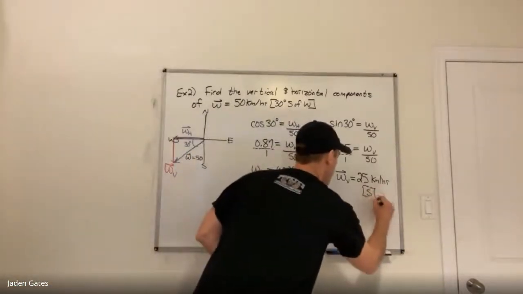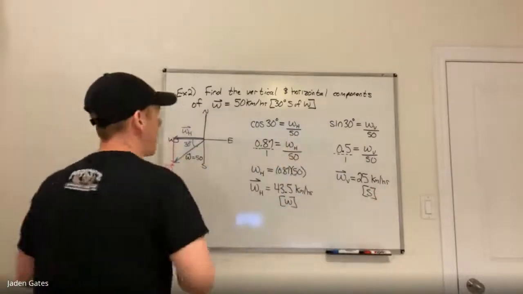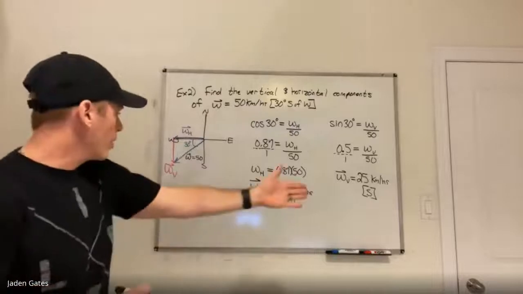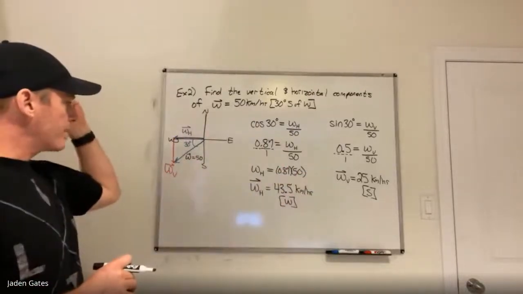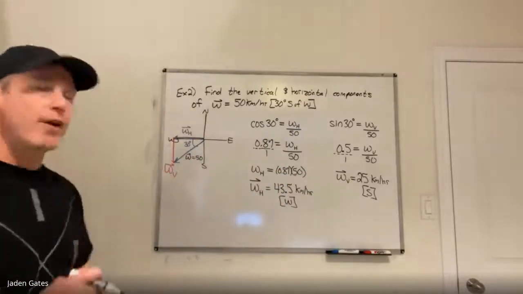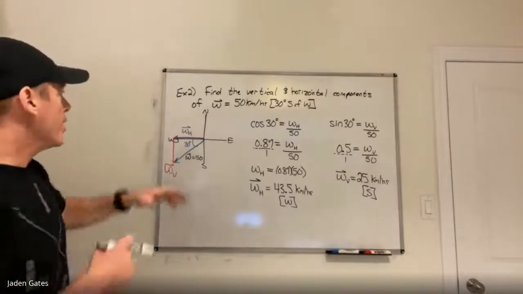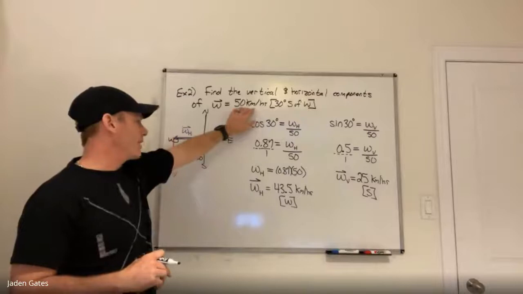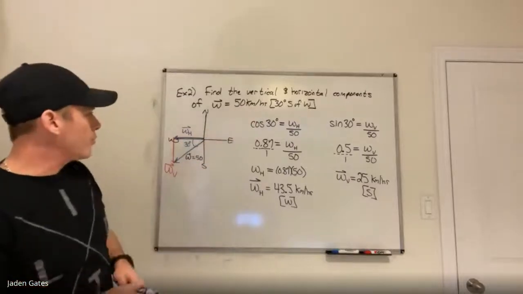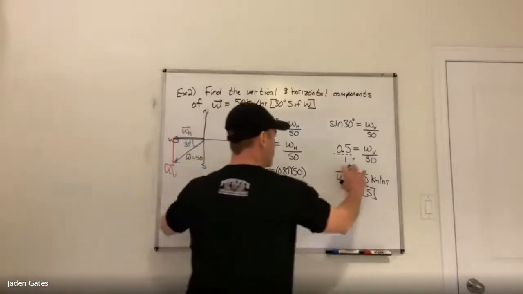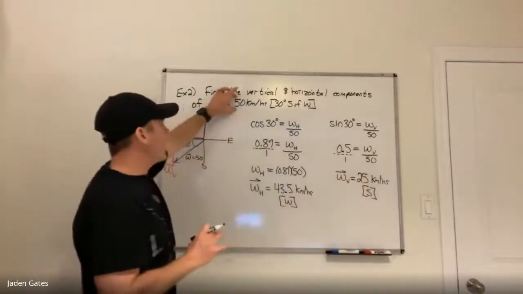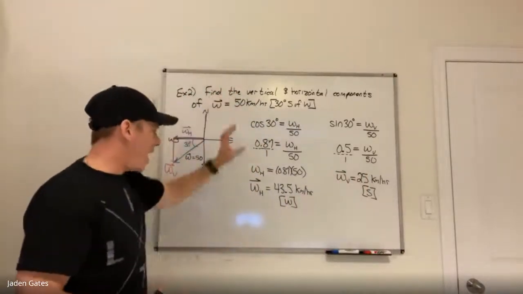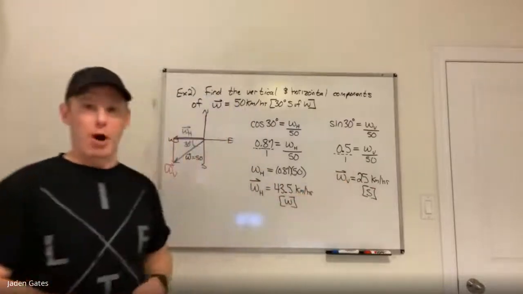And so there is my vector broken up into its horizontal component, where it goes 43.5 to the west, but yet 25 kilometers south. If you add them together, this is what that vector would be. All right, so those are our two vectors that if we add them together, this is the one we get. We reversed it, where we took this vector and we broke it up into the two parts, which we're going to need to do.